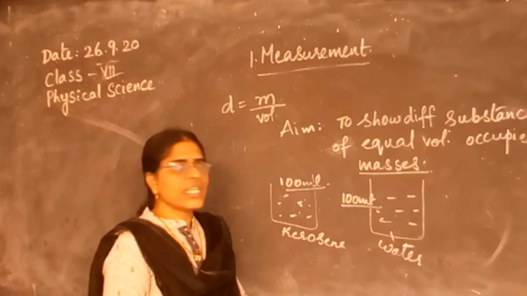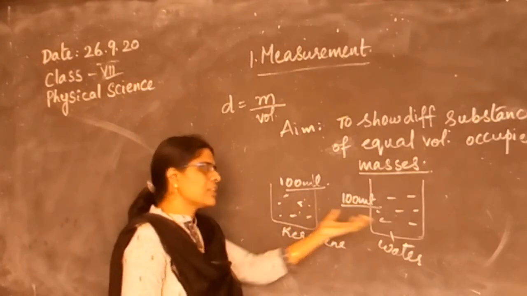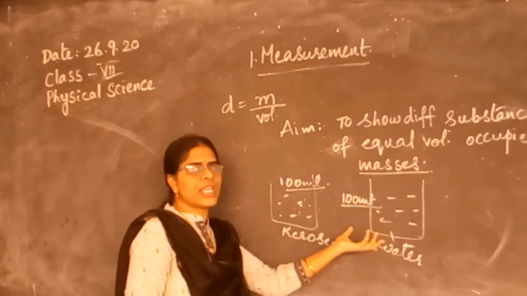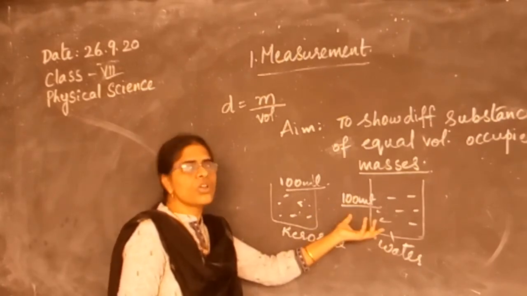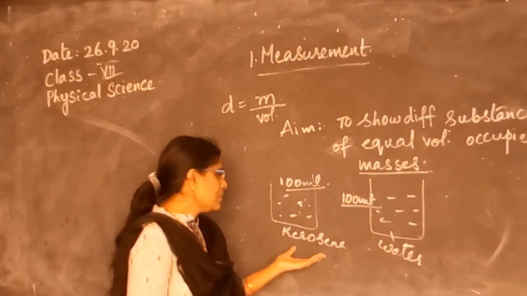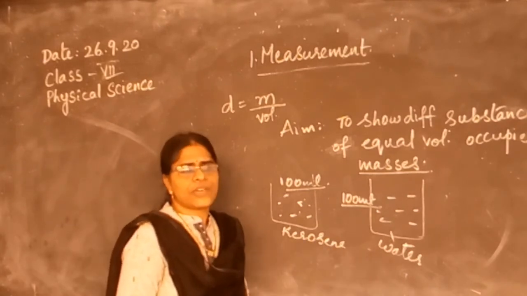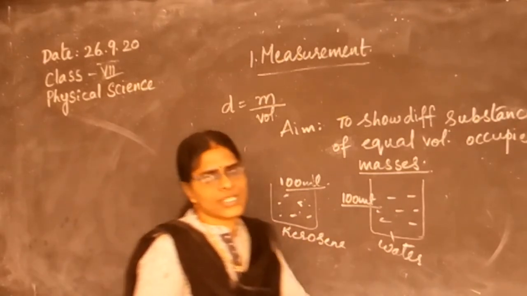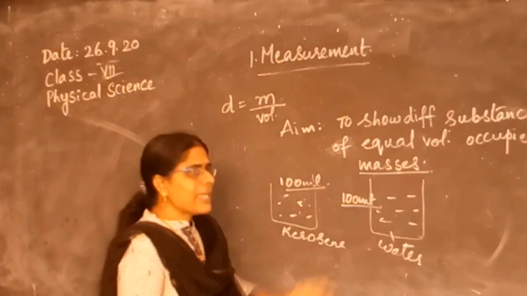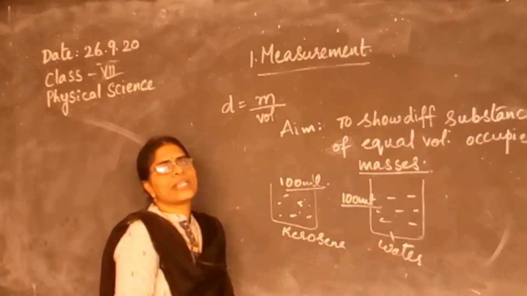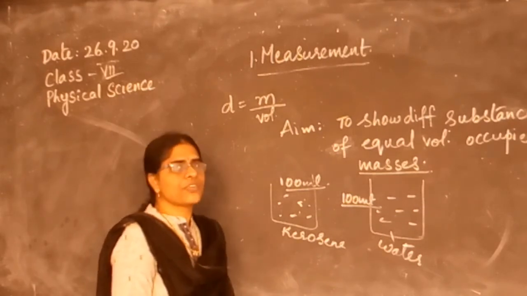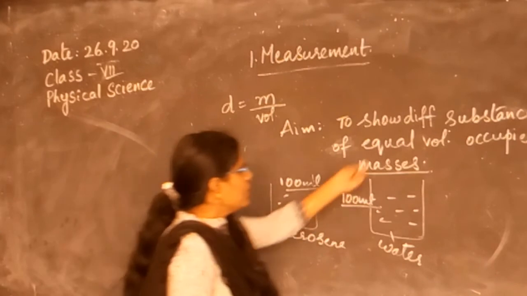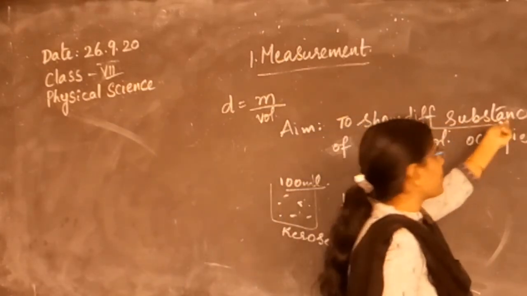Because of the unequal masses, even though you have filled the same volume of kerosene and water, the pan with water is going down. That means the masses are different. Did we show different substances?